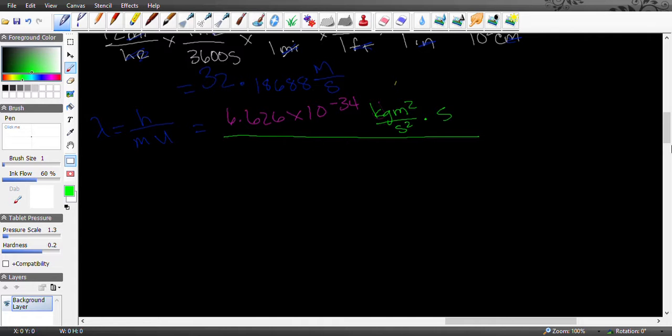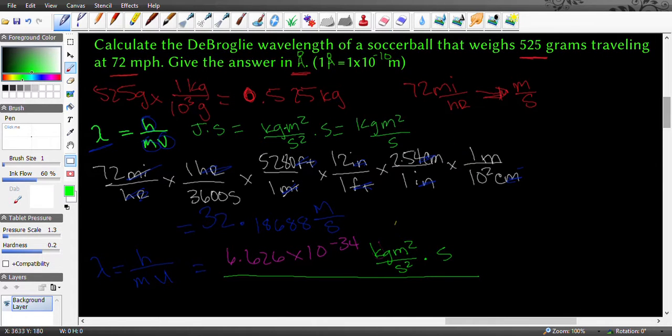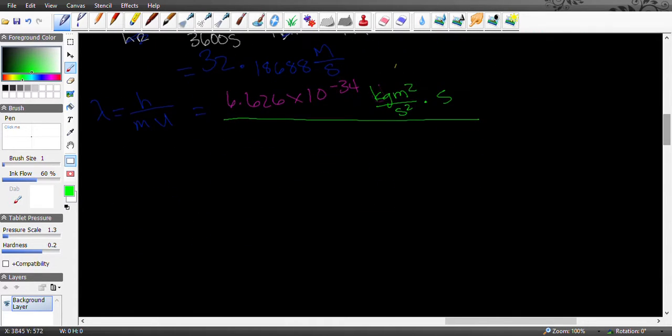Our mass we determined up here, 0.525 kilograms, times our velocity, 32.18688 meters per second.